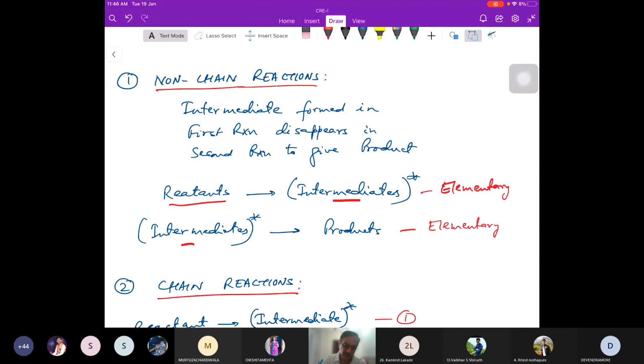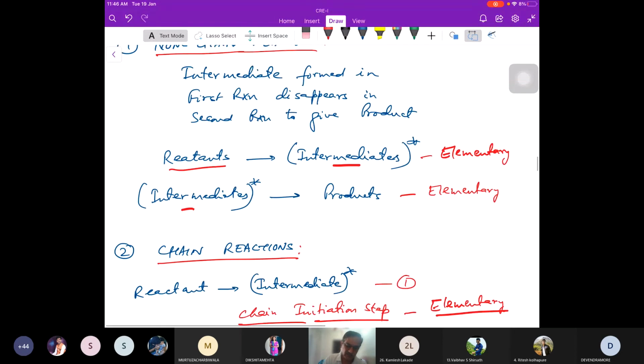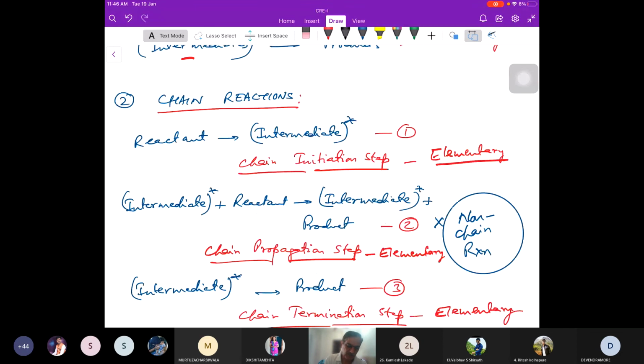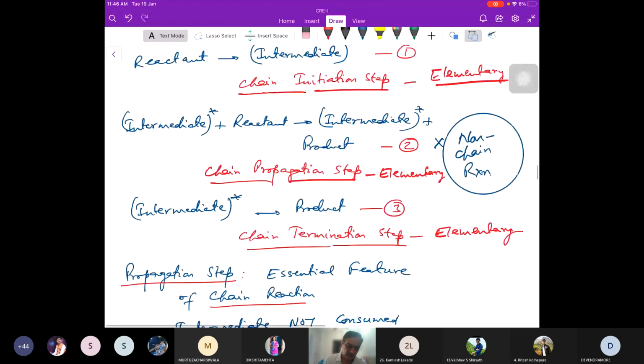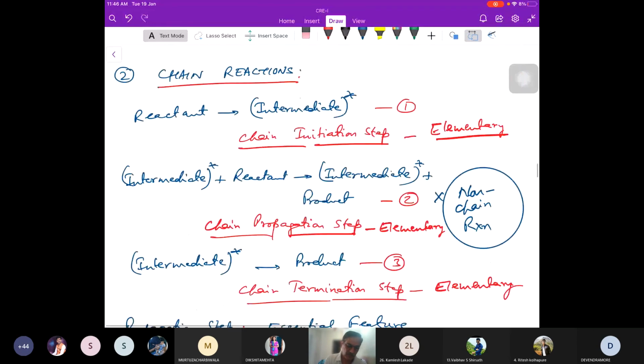And to get that, we need elementary reactions, because now we can write the rate of reaction for an elementary reaction as nothing but reactants to the power of their stoichiometry. Similarly, intermediates to the power of stoichiometry. In the propagation steps, we can write directly: the stoichiometric coefficient of the reactant or intermediate is the order of reaction.